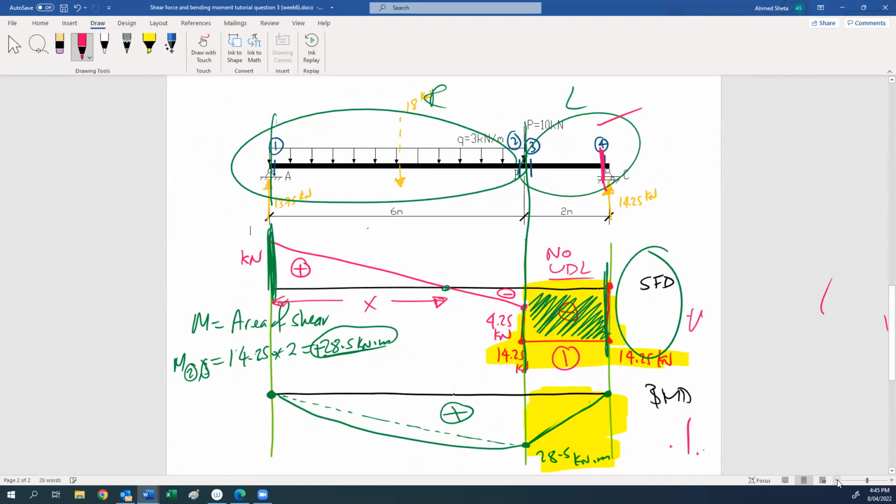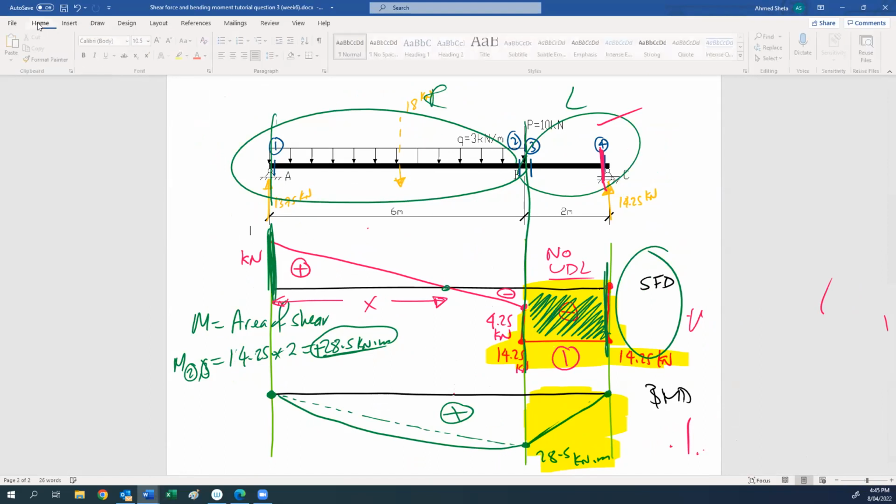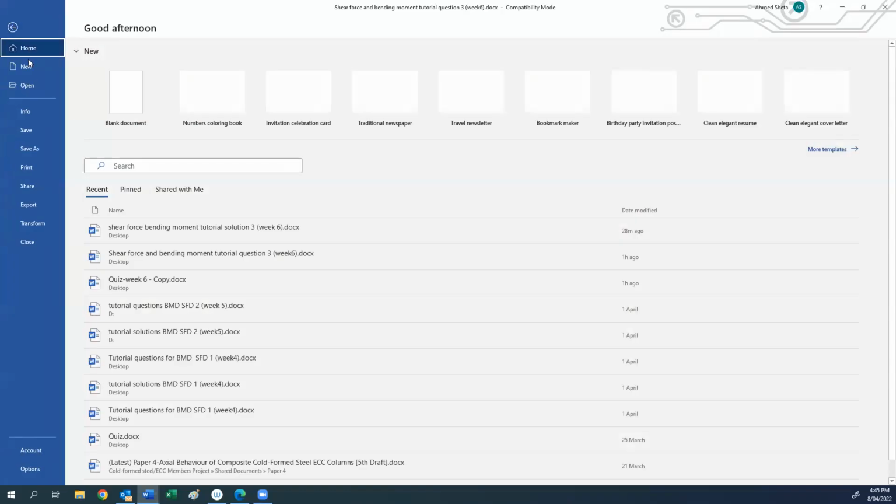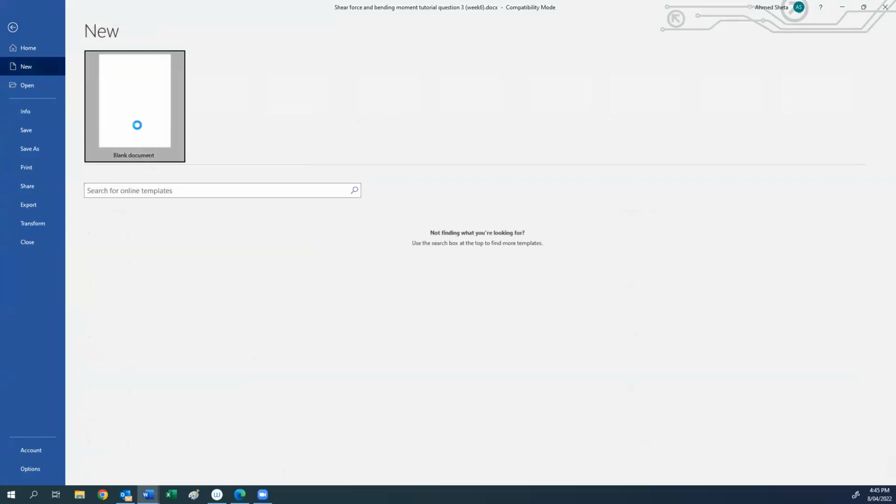Okay, how can we find the maximum value of moment? Just open a new file.